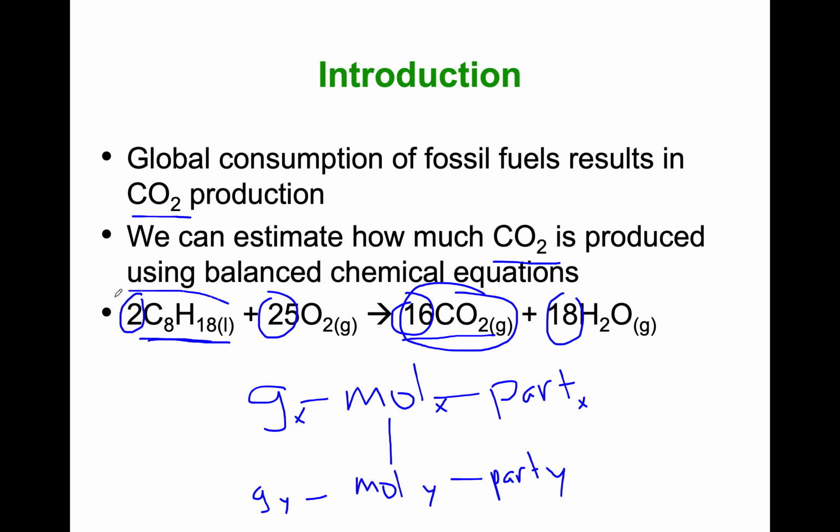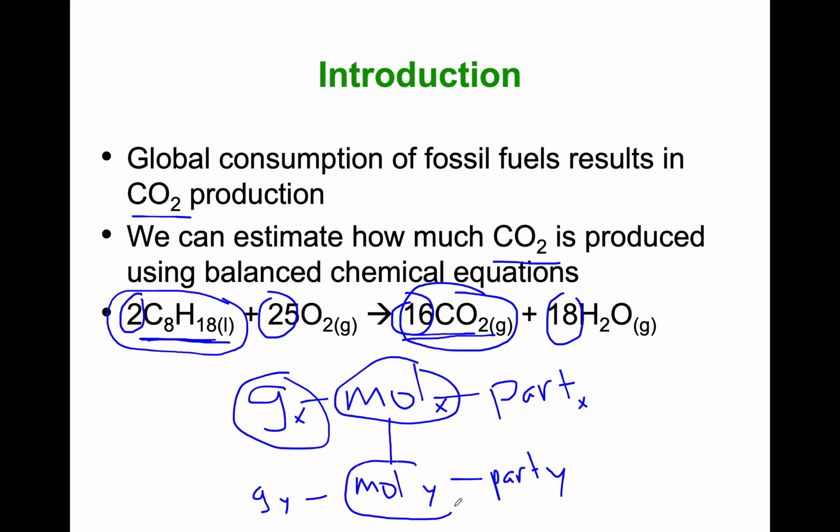So let's say you have grams of octane. You know how to convert that to moles of octane. That's the molar mass. And then if we want moles of CO2, that's this mole-mole conversion, and that would be the mole ratio of octane, 2 moles C8H18, over what you're going to, 16 moles CO2.